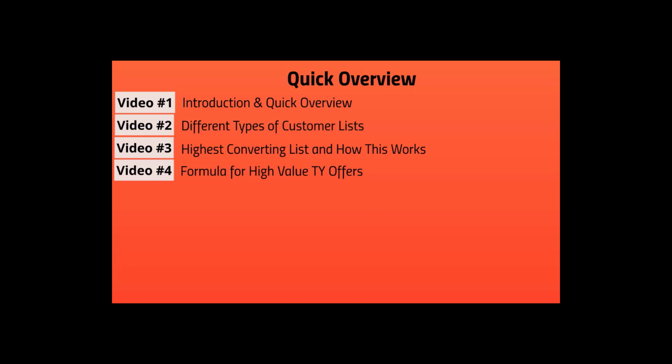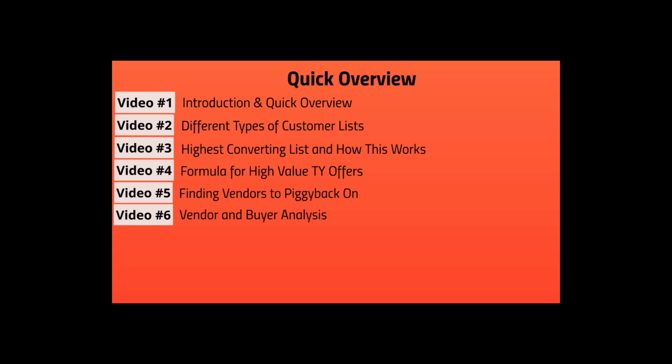And of course, in video number 4, we're going to talk about the formula for the high value thank you offers, which fits into the overall formula. In video number 5, we're going to talk about finding vendors to piggyback on. Video number 6, we're going to talk about vendor and buyer analysis. Number 7, we're going to talk about creating quality thank you offers. And of course, video number 8, we're going to talk about building a list.